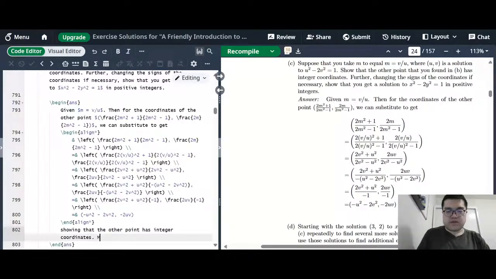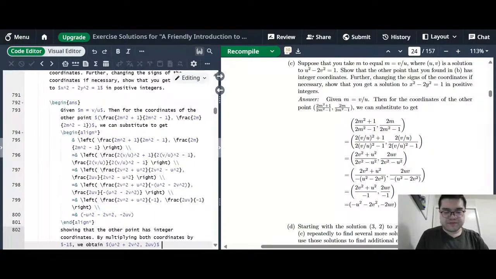So what we have is, by multiplying both coordinates by -1, we obtain positive u square plus 2v square, comma, 2uv.